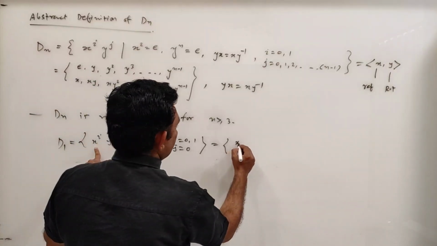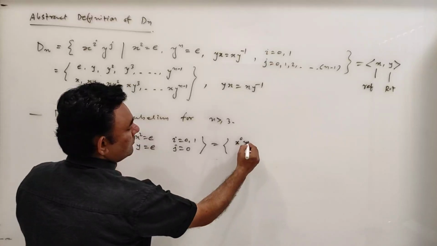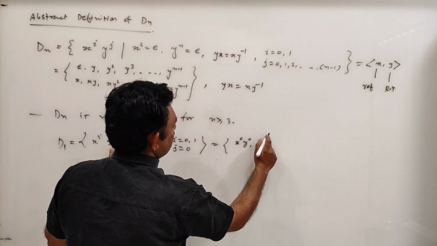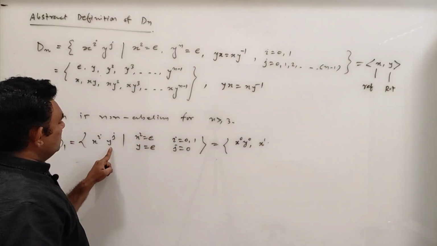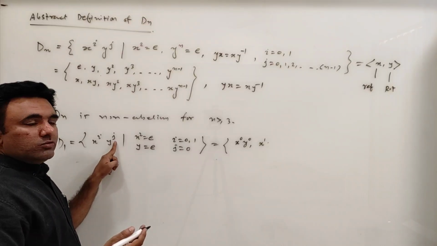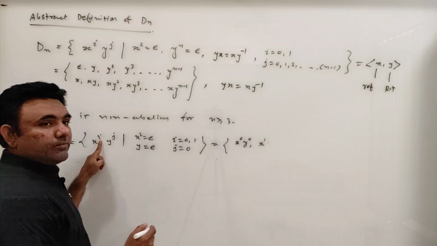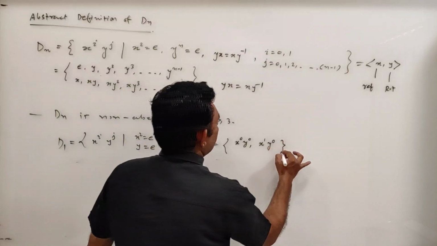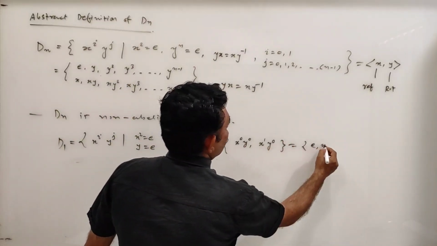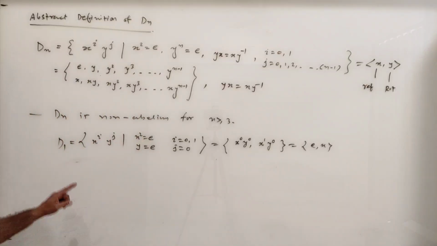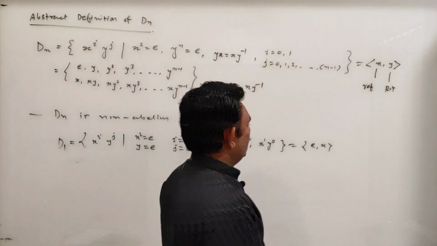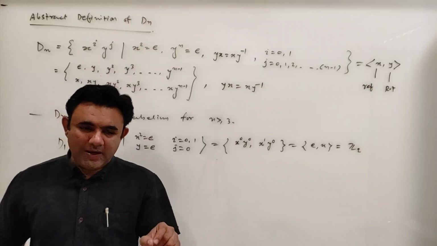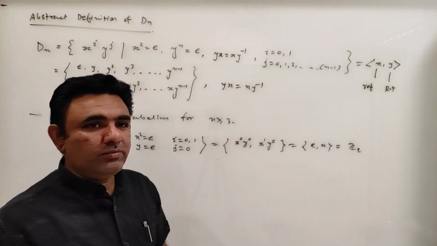You fix x raised to 0, y raised to 0, and x raised to 1, y raised to the possible value of j is only 0, so 0. So this is identity and this is just x. So d1 is a group having only 2 elements, so it will be what? It is z2, cyclic group. 2 order का group, prime order must be cyclic, so it will be z2, right?